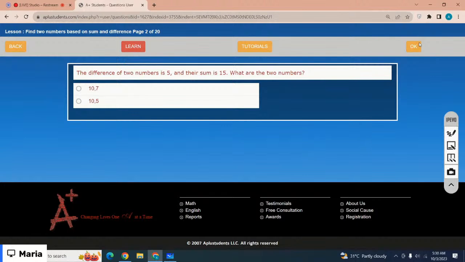Okay, the difference of two numbers is 5 and their sum is 15. What are the two numbers? So, which numbers have the difference 5 and sum 15?